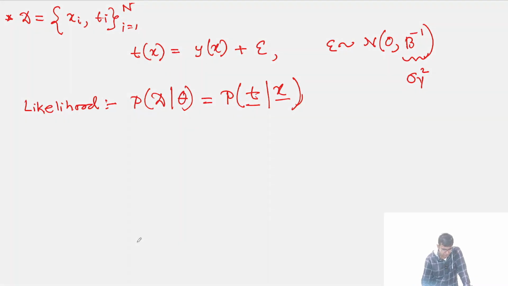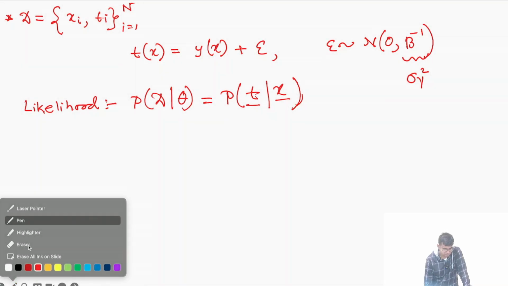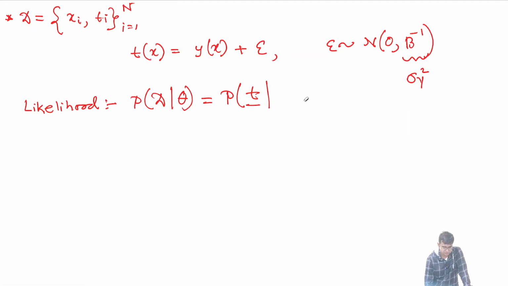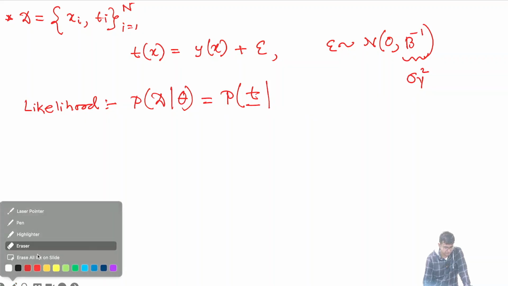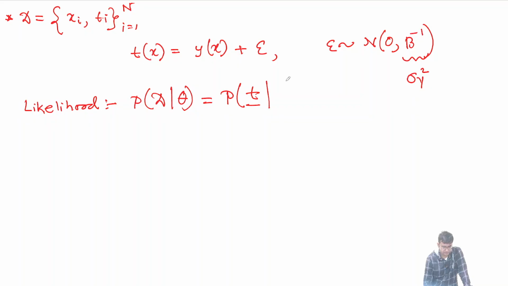Oh no, y is also there in this case. So it is t given y, x, and there can be other parameters. I'm not writing those. So what was the likelihood in our case in this expression? We did it last time.